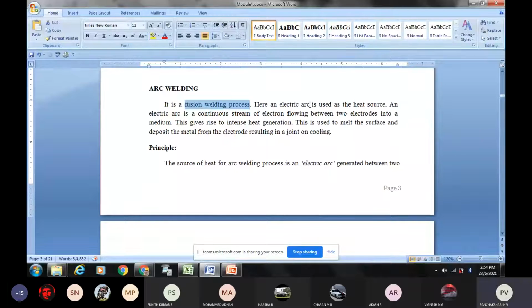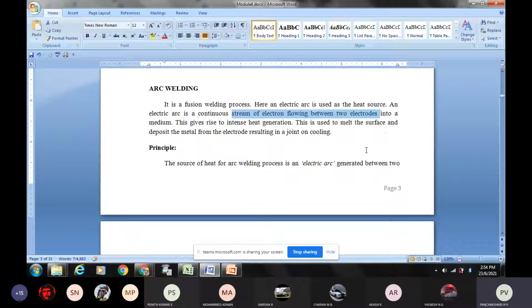Here, an electric arc is used as the heat source. Electric arc is the main heat source. What is the meaning of electric arc? It is a continuous stream of electrons flowing between two electrodes from positive to negative, continuously flowing or jumping.